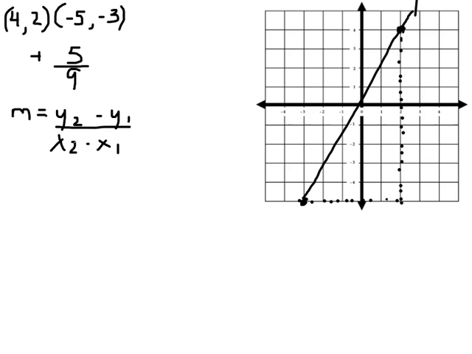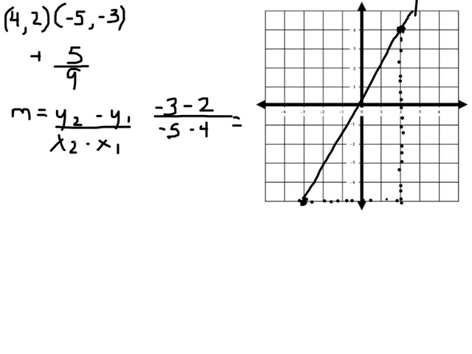If we plug in our x and y values, y of the second is negative 3 minus 2 divided by negative 5 minus 4.